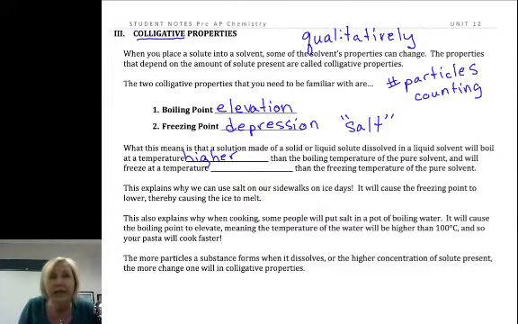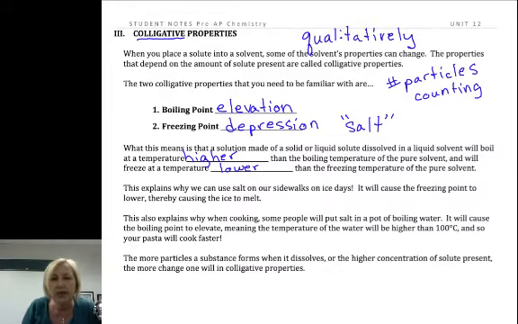And up north, where they're having all of these snowstorms right now, if they put salt on the roads, we don't tend to do that as much. Sometimes they'll throw sand on the roads to help with friction and prevent sliding. But when you put salt on the roads, you lower the freezing point. So it'll melt at a lower temperature, and hopefully that ice will melt sooner and become a little safer.